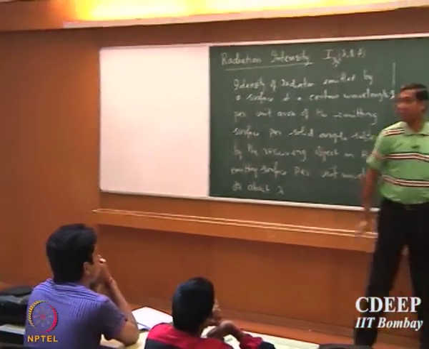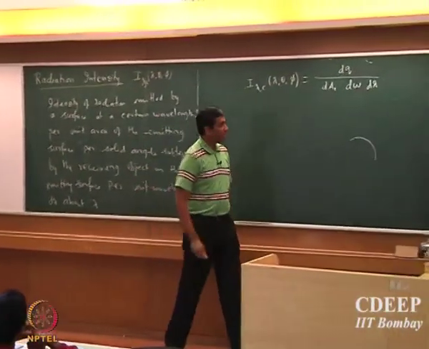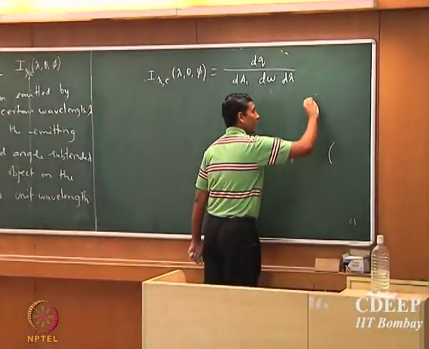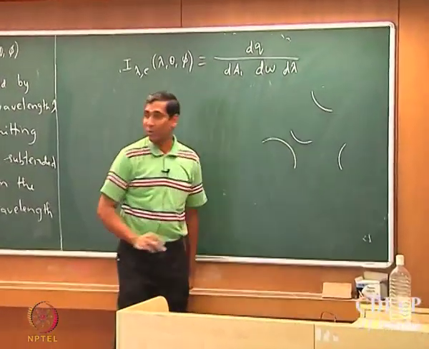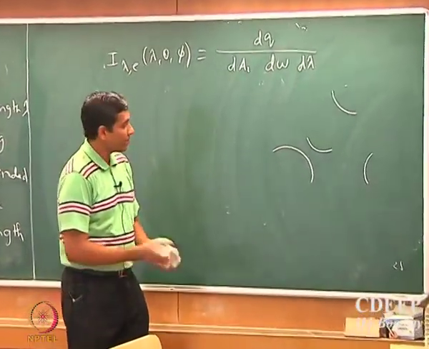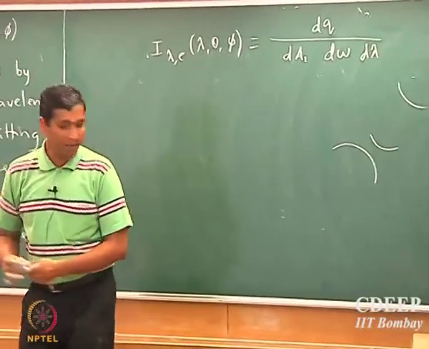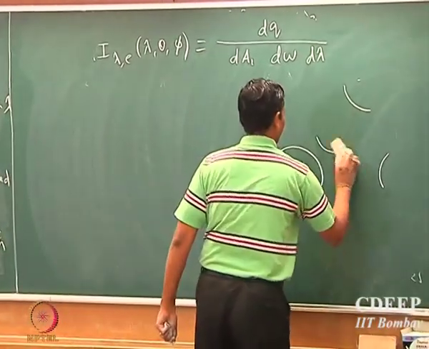If this is my surface which is emitting radiation, it matters where the receiving object is being placed, even if you keep the distance constant.